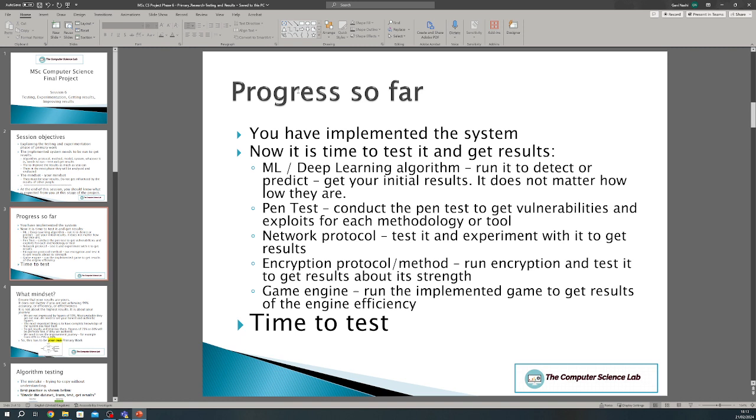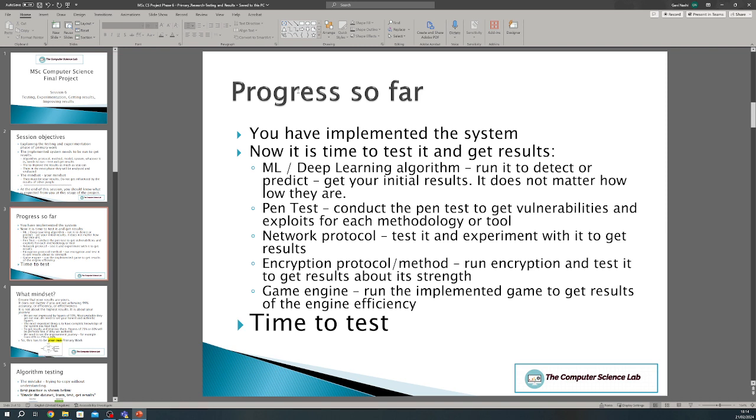For a pen testing project, you conduct the pen test to find vulnerabilities and do the exploits for each methodology or tool that you have decided to use as part of the project. For a networking project, let's say you have a network protocol to evaluate, you test it and experiment with it in order to get results.